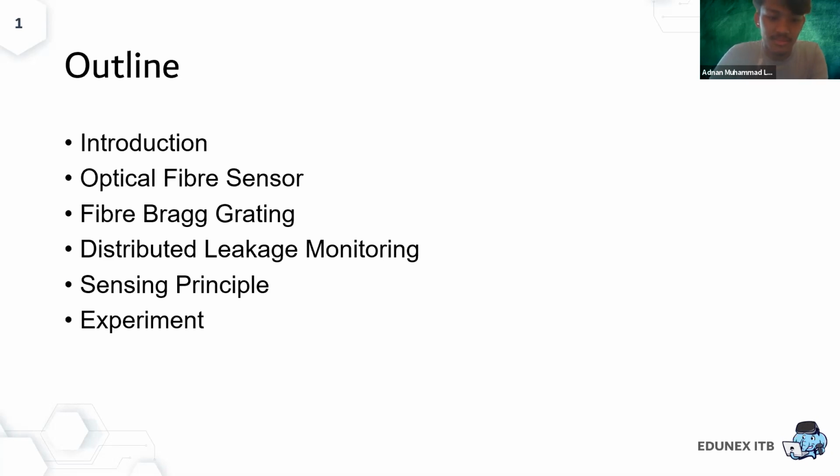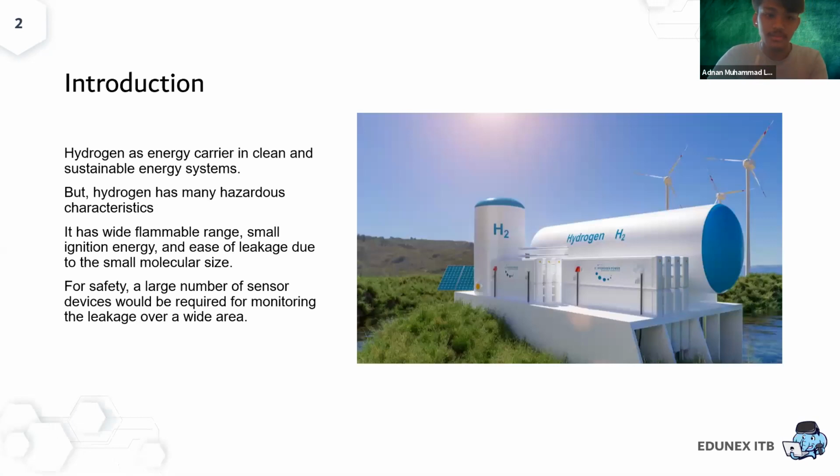So, hydrogen can be used as an energy carrier in a clean and sustainable energy system. It is a new energy fuel, but despite that use, hydrogen has many hazardous characteristics. It has a wide flammable range, small ignition energy, and ease of leakage due to its smaller molecular size.